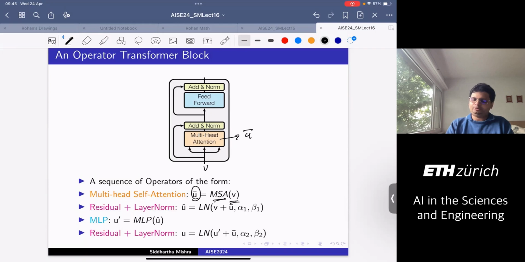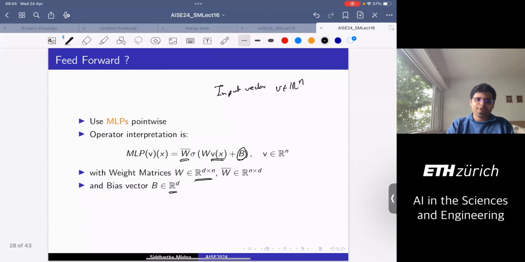Then you do a normalization, a layer norm. First you add, of course, you have a skip connection. So you take V, you have U hat, and then you do a layer norm. So there's a skip connection which allows for good gradient propagation. Then you do an MLP. This is the pointwise operation that I have already explained to you.